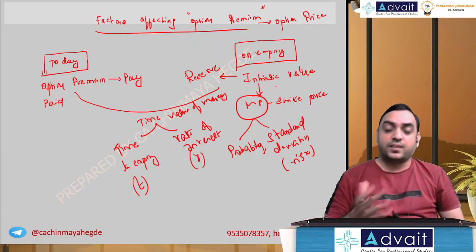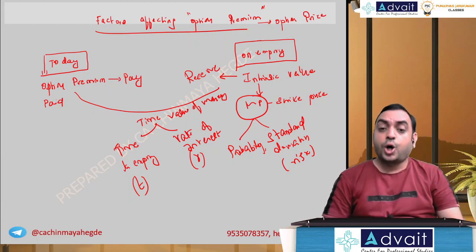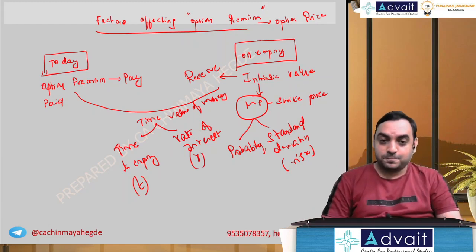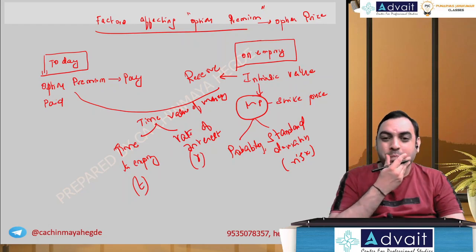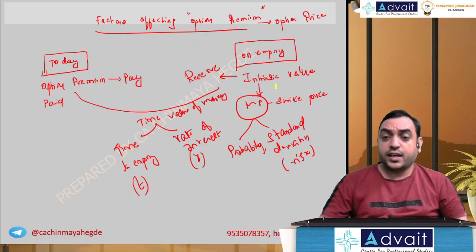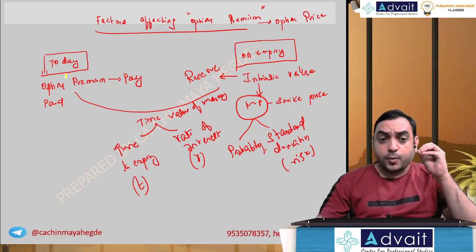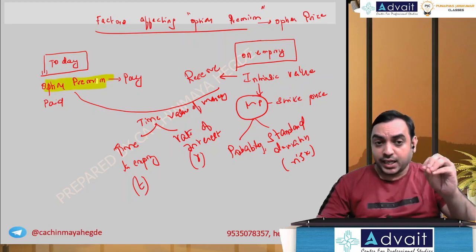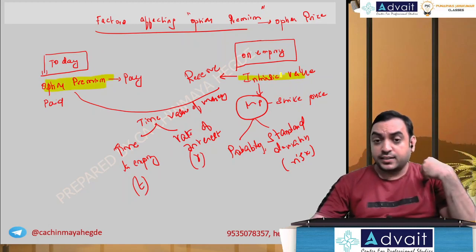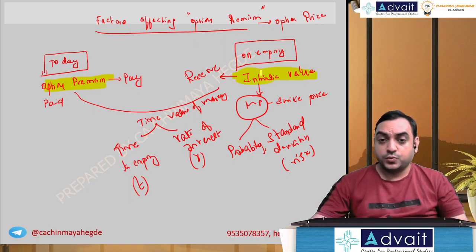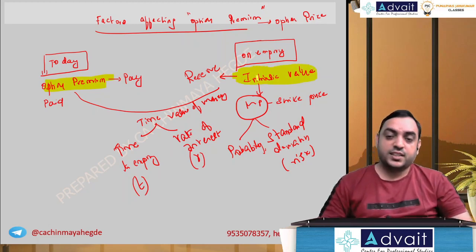These are the factors which will influence option premium. But the basic structure, did you understand? The option premium is what you pay, and the value you get, that is intrinsic value.